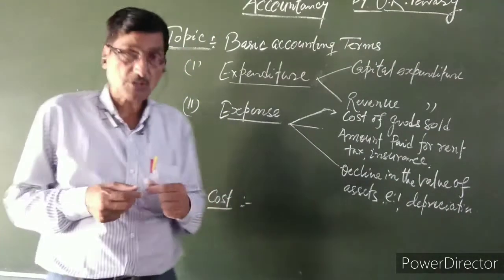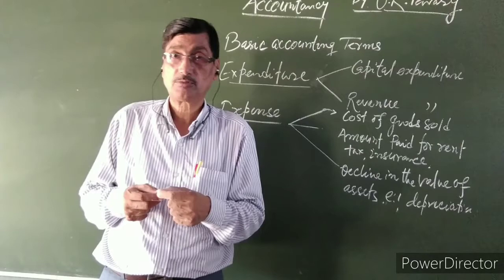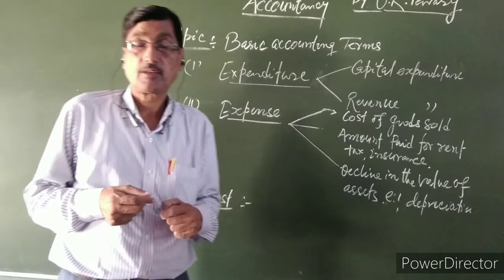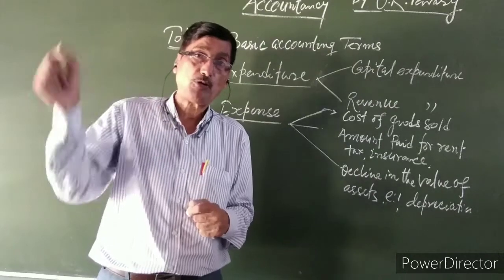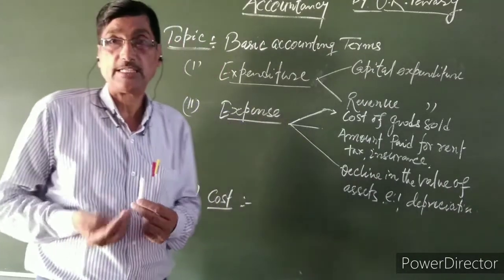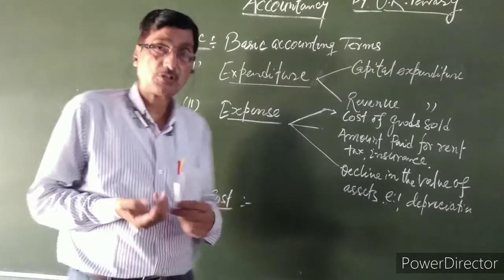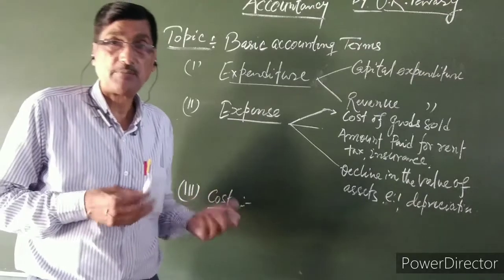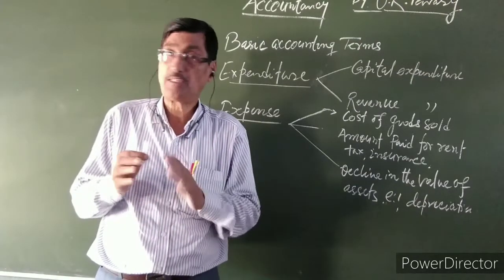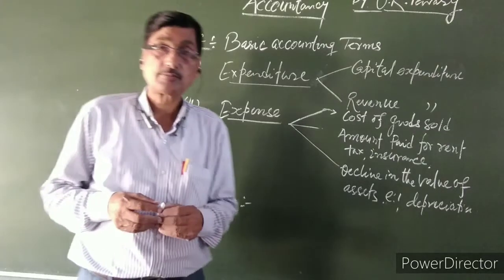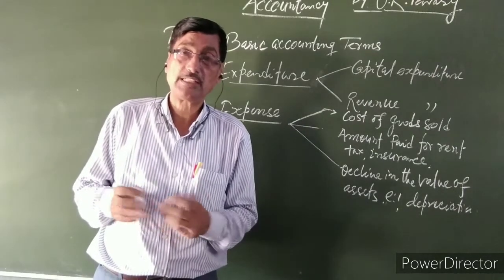Variable costs are those which vary according to the change of output. If the number of units increases, variable cost also increases in the same proportion. And semi-variable cost changes, but not in the same proportion as the product increases or decreases.